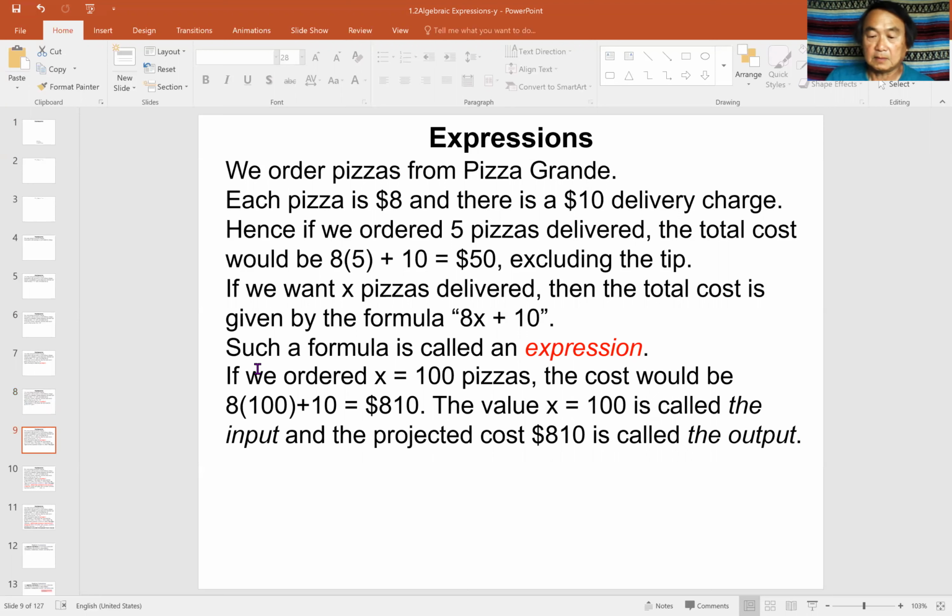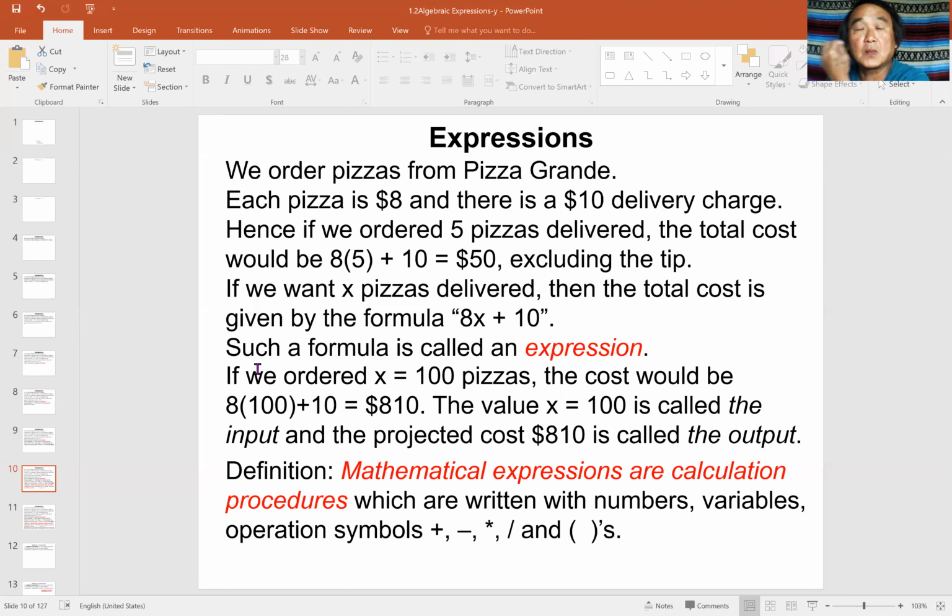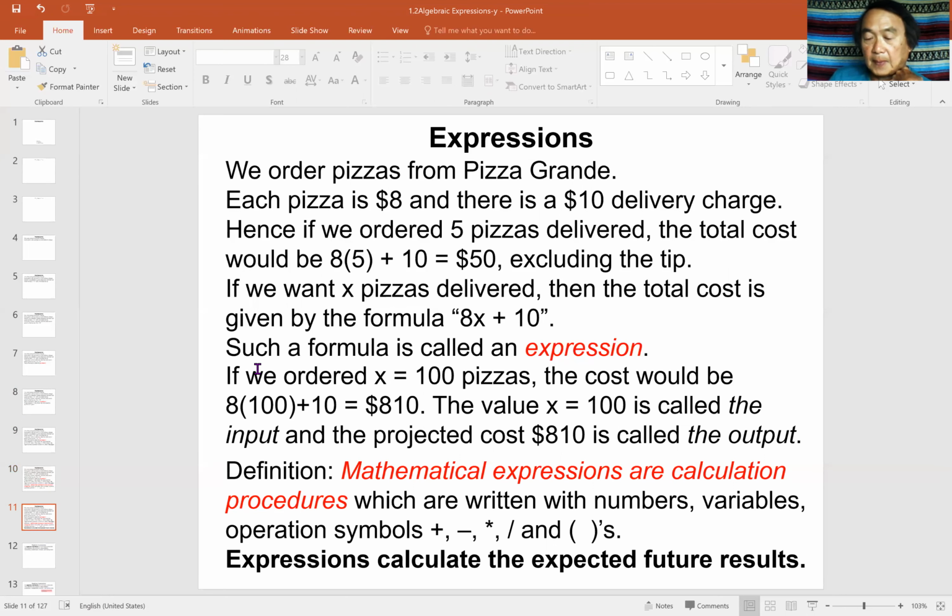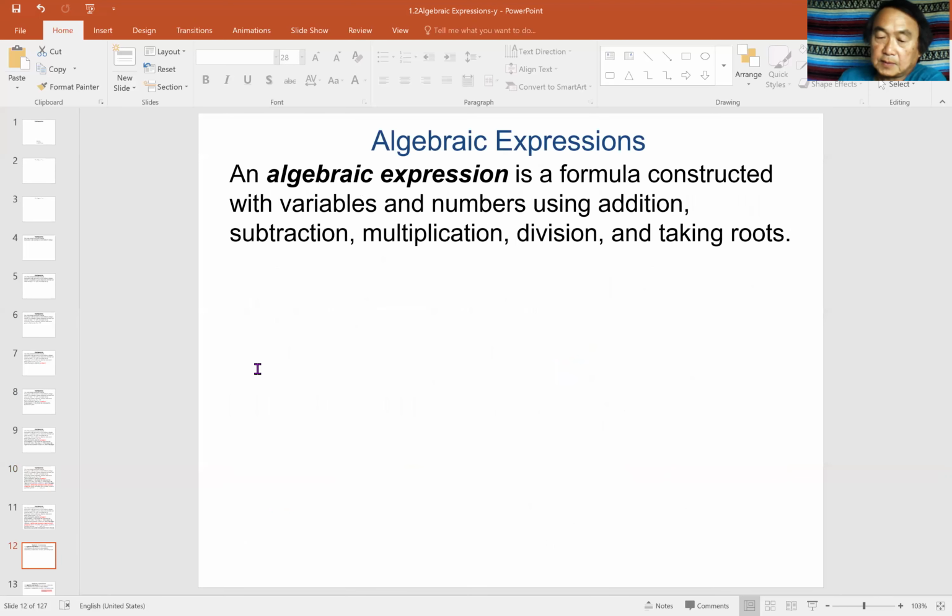In other words, we use an expression to calculate future output, or a projected output, if you like. What will it be if I put the input into it? What will the outcome be? Expressions calculate the future results.